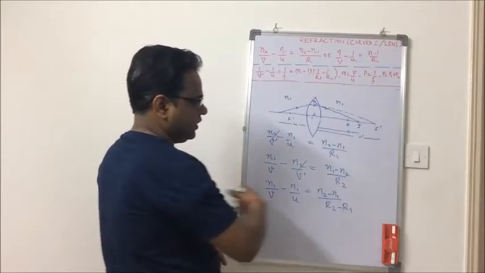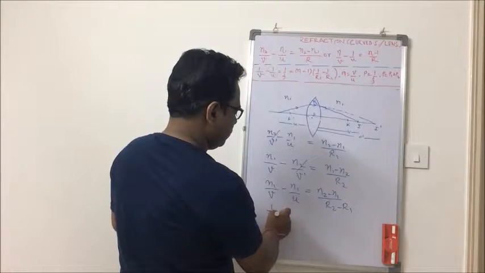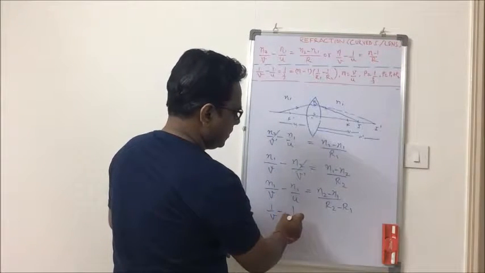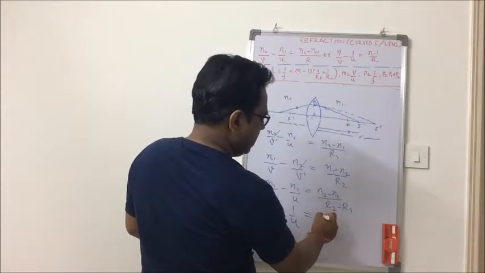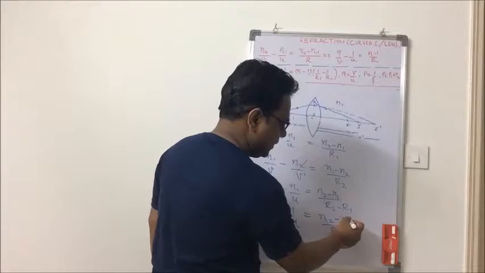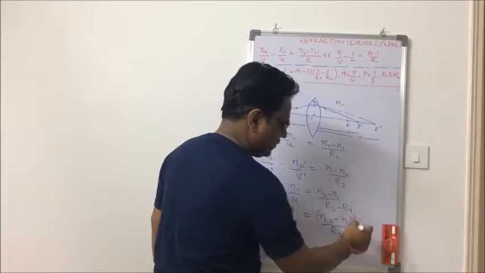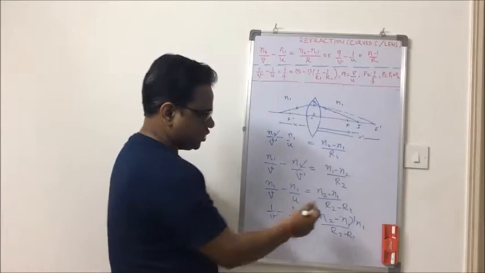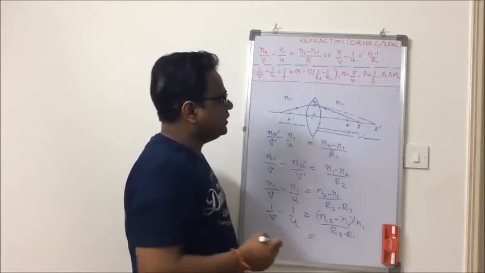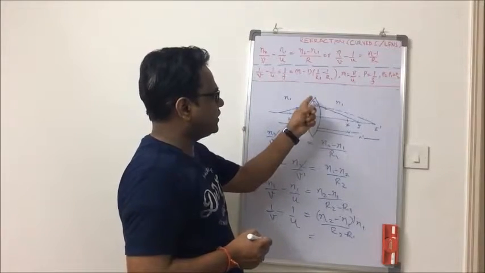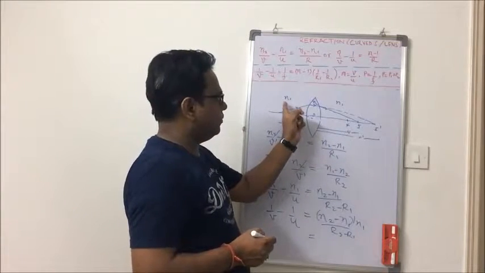If you divide it by N1, then it becomes 1 by V minus 1 by U equal to N2 divided by N1 minus 1. Okay, so N2 by N1 is nothing but the refractive index of this material with respect to the first material.